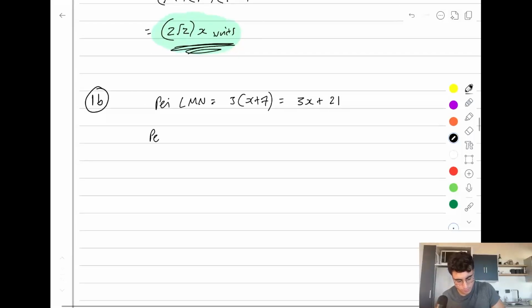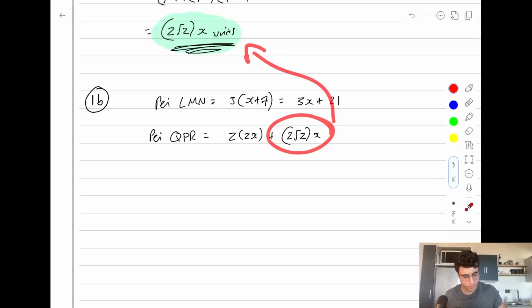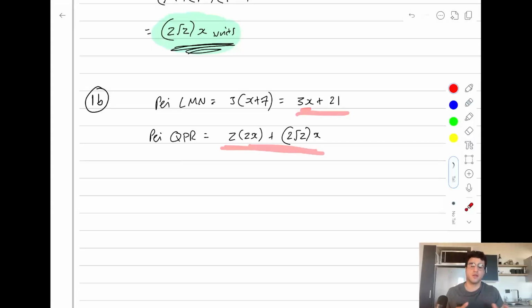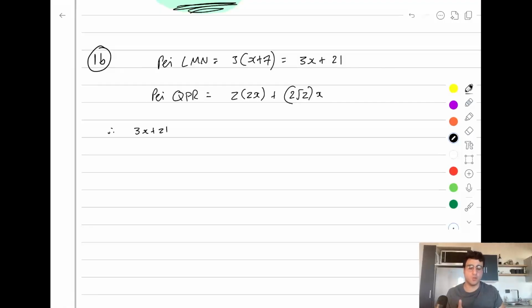Next thing you know, our second perimeter, PQR, that's going to equal 2 times 2x plus 2 root 2 x, because we just found this from before. Now we've got 2 perimeters, and we know that they're equal. So therefore 3x plus 21 is going to equal 4x plus 2 root 2x.